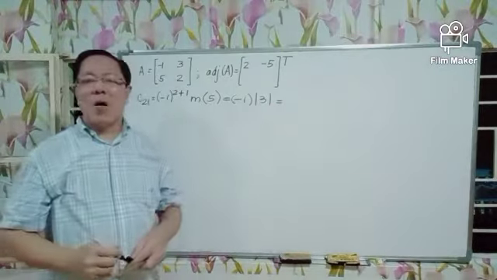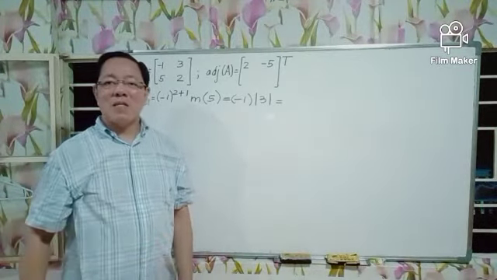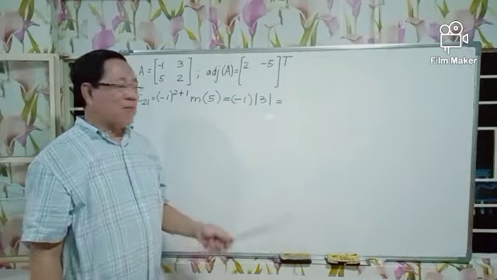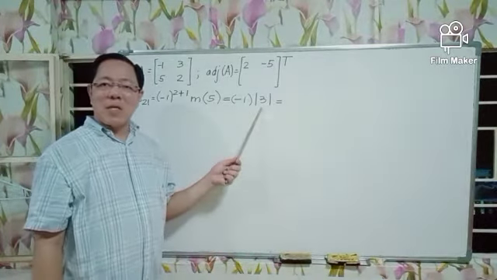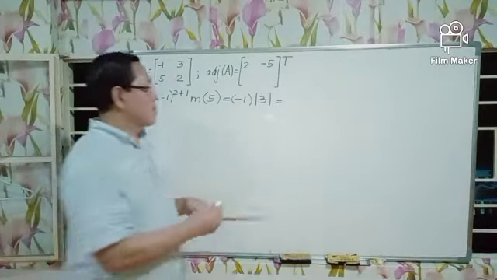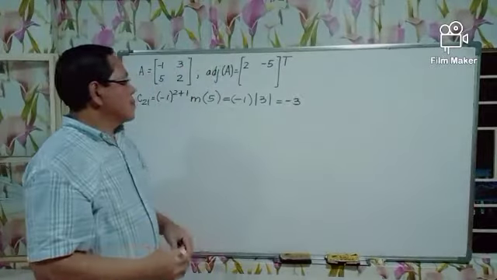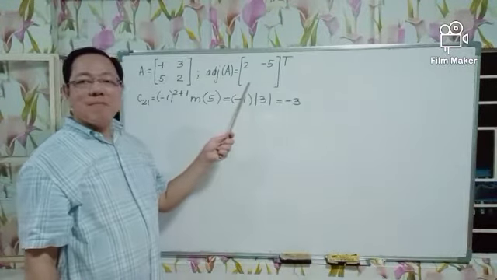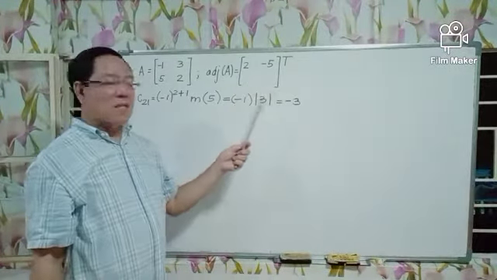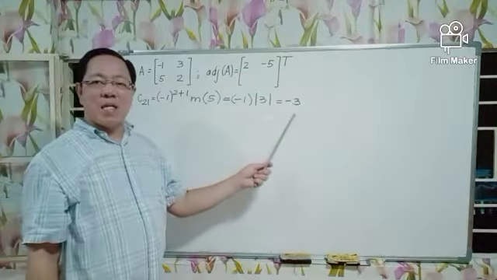The determinant of a matrix with a single entry is equal to that entry itself. Hence, the determinant of 3 is 3 multiplied by negative 1, which is negative 3. And we write this in the transpose of this matrix: the cofactor of 5 is negative 3.